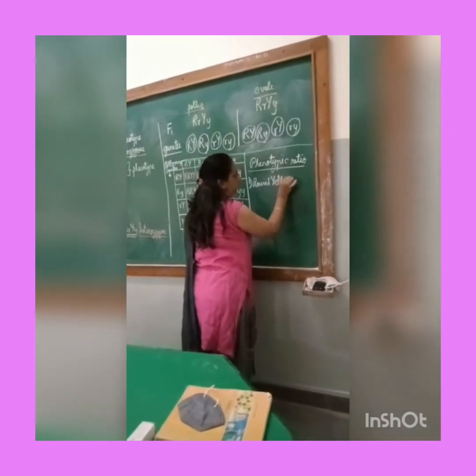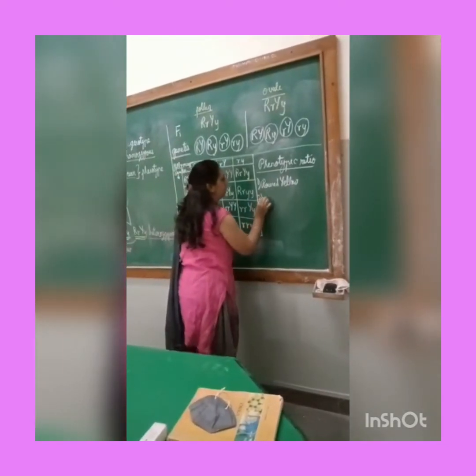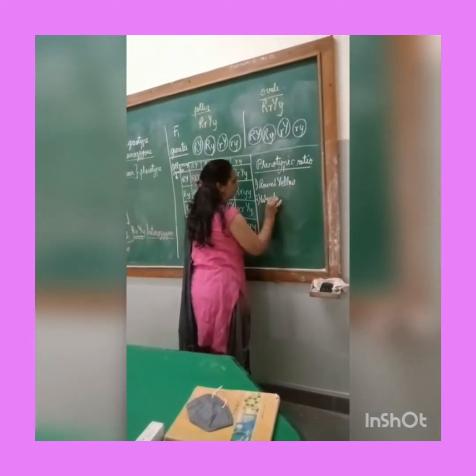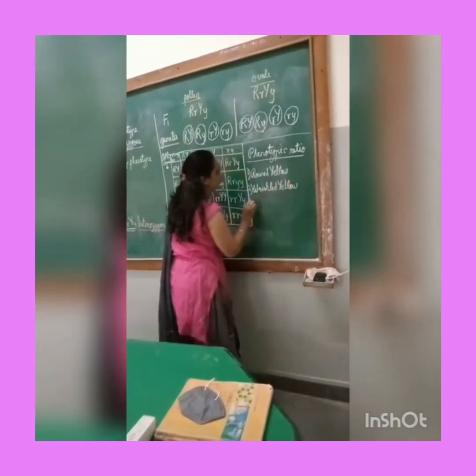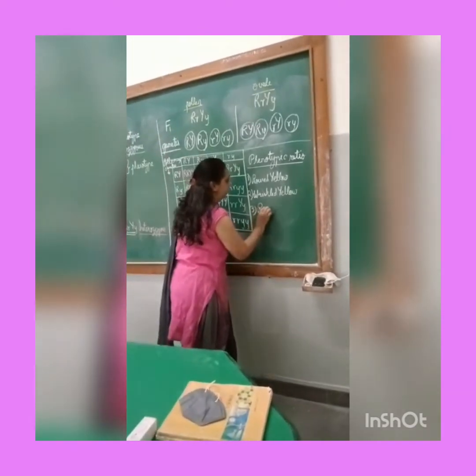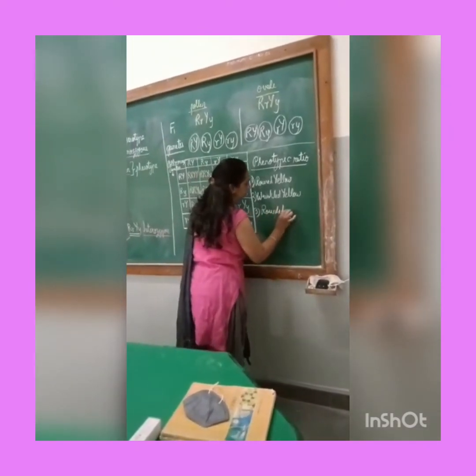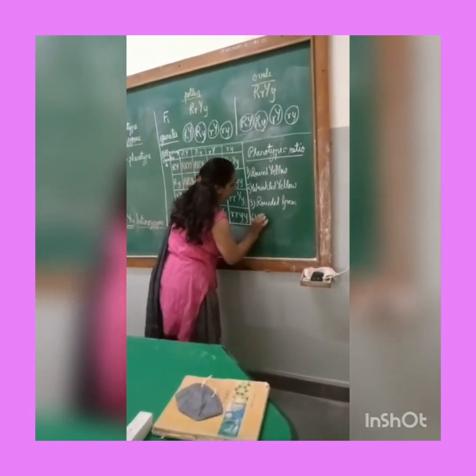The second combination is that it can be wrinkled and yellow. The third combination is that it can be rounded and green. And the fourth combination is that it can be wrinkled and green.